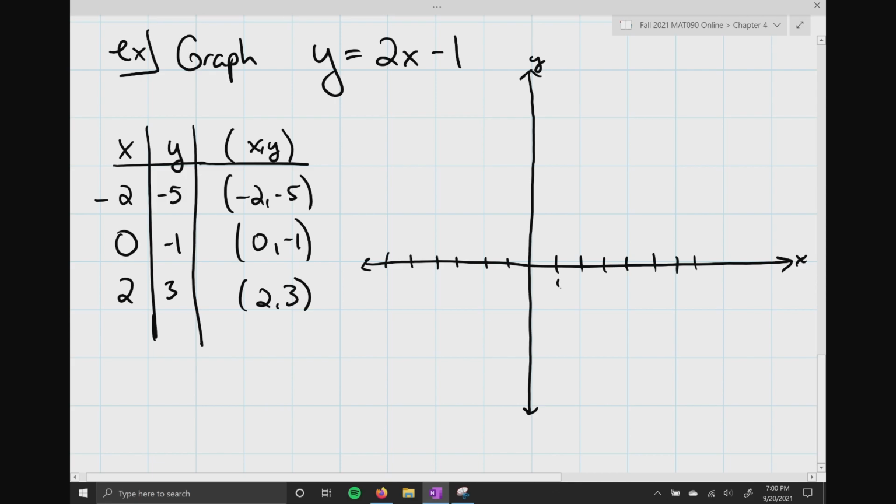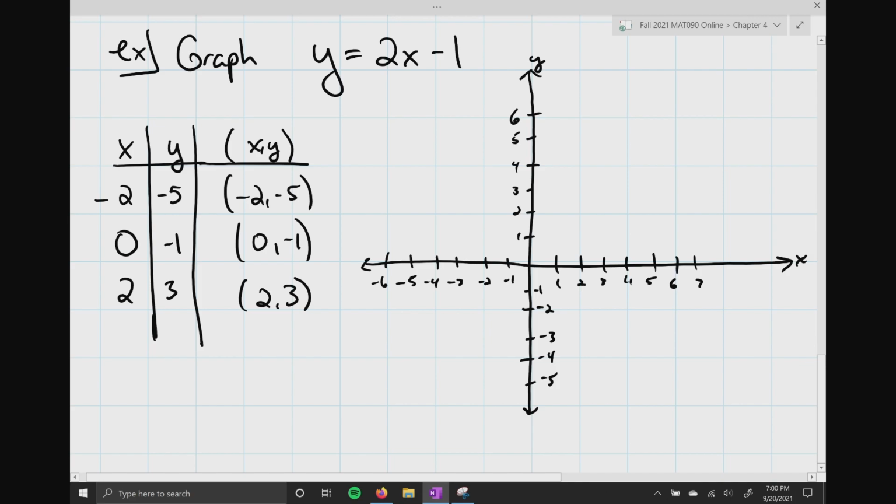So we have 1, 2, 3, 4, 5, 6, 7, -1, -2, -3, -4, -5, -6. Now we've got to go down, so that's going to be -1, -2, -3, -4, -5. And then we're going to go up 1, 2, 3, 4, 5, 6.